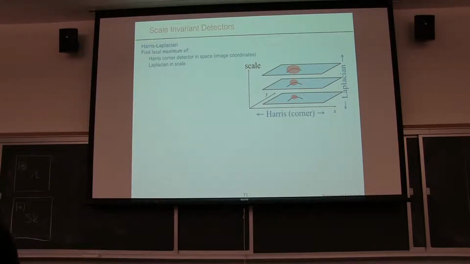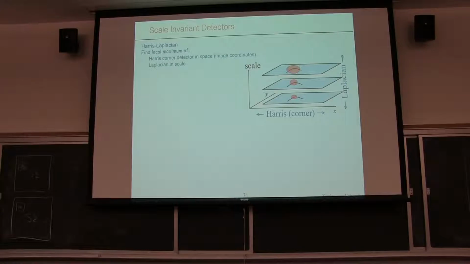So we take the image and we apply Laplacians at different scales, and at each of these scales we find corners. The places where we find a corner, and the scale, tell us it's an interesting point at that particular scale. So that's the Harris corner detector.